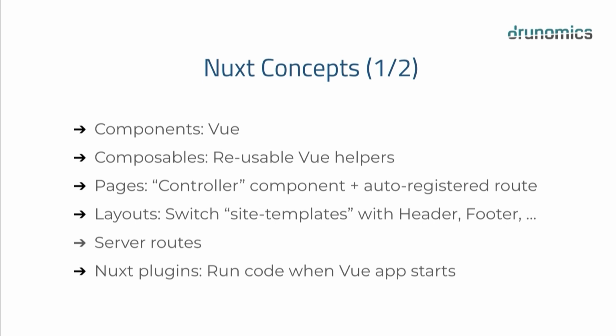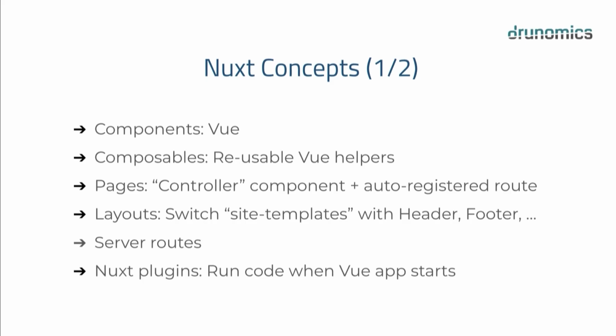Then there's also a special thing called layouts. Layouts is basically like a site template, a page template if you like, which has the header, the footer, the things of your site which are not changing by route. You can register multiple layouts and then switch them by route. Also quite handy if you need that.